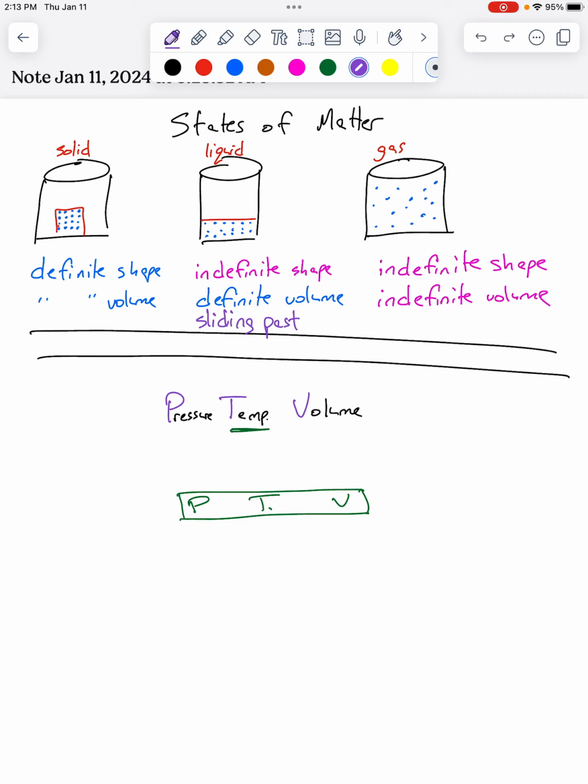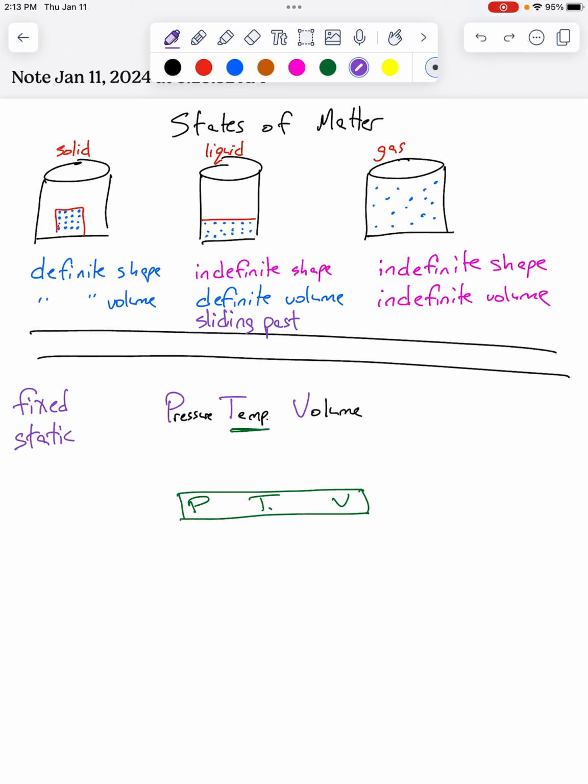So we talked about that. I said this, but you didn't hear me because it didn't record: another word for definite is fixed or static. So a definite shape, a fixed shape, or a static shape means that solids don't change shape.